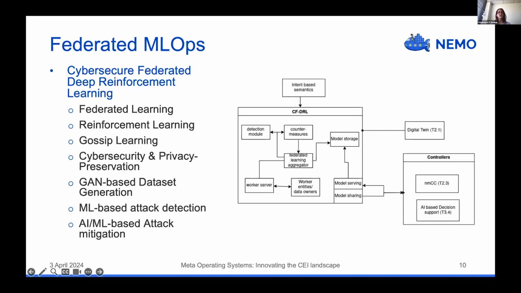For this, we have a solution for dataset generation based on generative adversarial networks, and leveraging this for the attack detection and mitigation that could take place in federated learning systems.